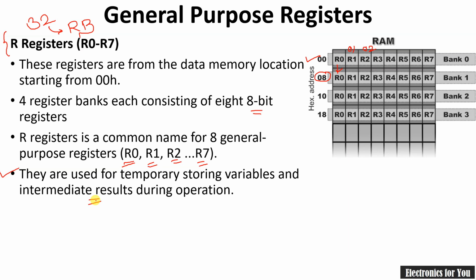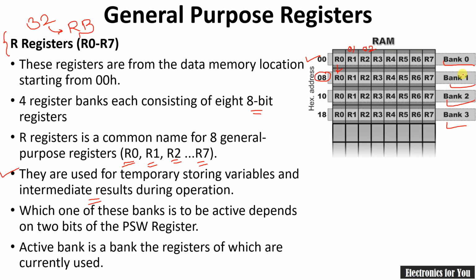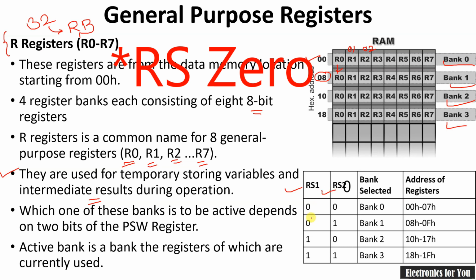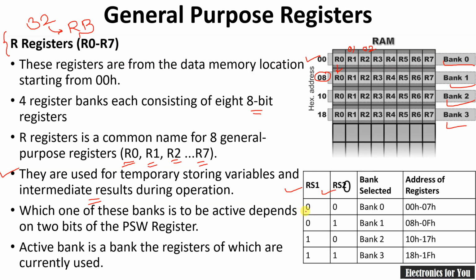Now the question will be how these register banks can be accessed, because we can use only one register bank at a time. So register banks can be accessed by 2 bits of the PSW register. These are nothing but RS1 and RS0. If we use these 2 bits, then we have 4 different combinations, that is 0 0, 0 1, 1 0 and 1 1.